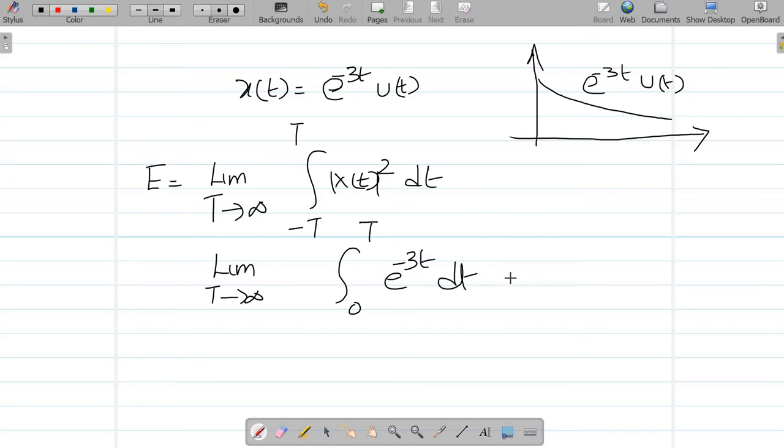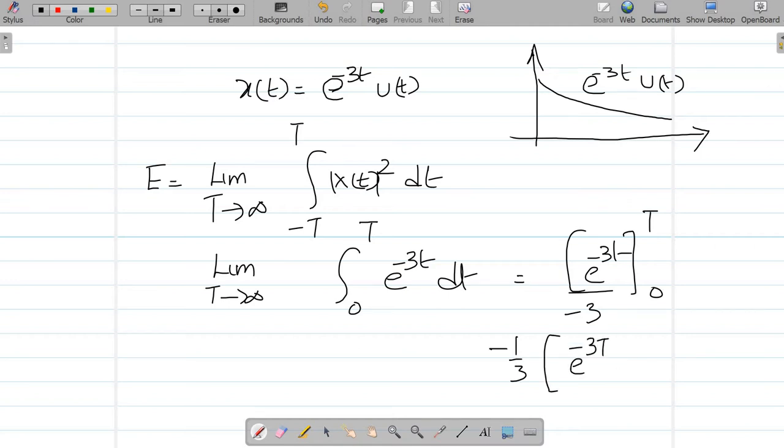So if I do the integration, it is something like this, from 0 to t, it will be e to the power of minus 6t minus 1 over minus 6, so finally 1 by 6 minus something in t, and of course we have the limit t tending to infinity.